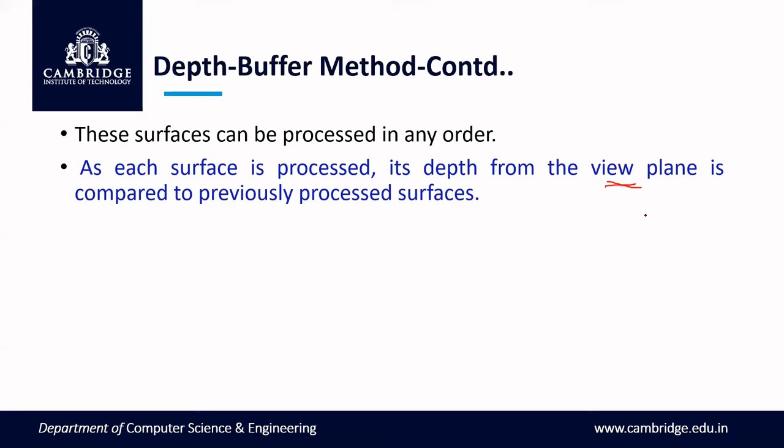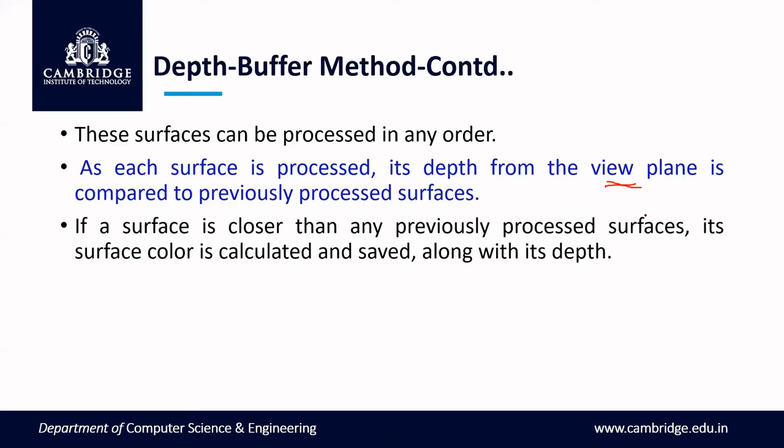Depth is processed with respect to the view plane, right? So the depth is more when it is away from the view plane. The depth is less when it is near to the view plane. So depth is considered based on your view plane only.